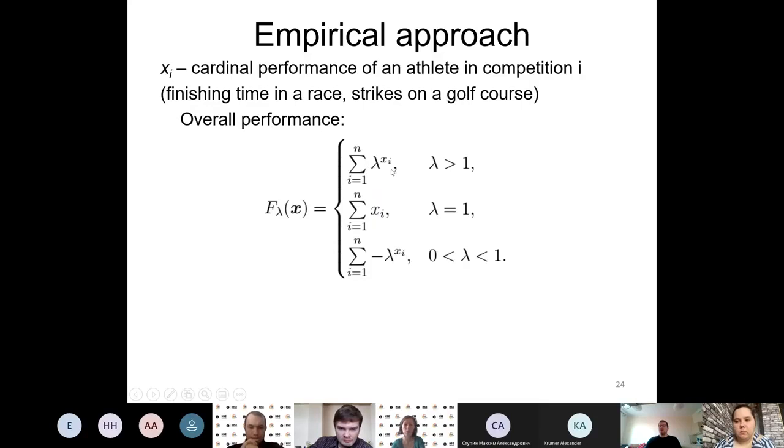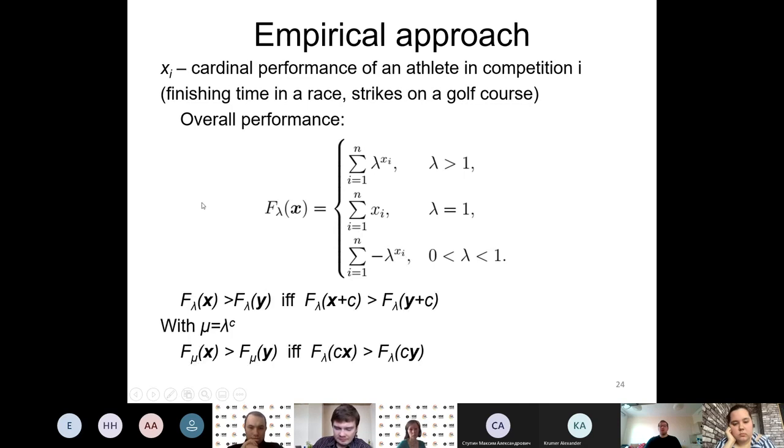But this class includes many other aggregation functions. With parameter lambda more than 1, it is just the sum over all races of lambda to the power x_i. And symmetrically with lambda less than 1, this sum is just minus lambda to the power x_i. This is a well-known class because it satisfies a very desirable property.